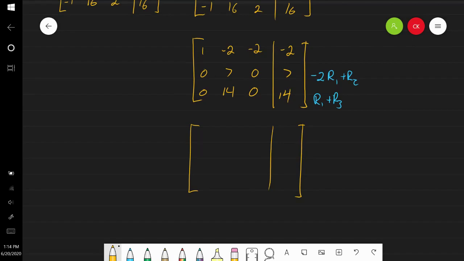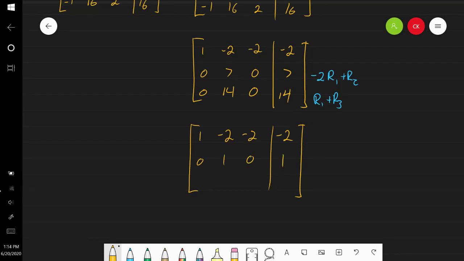So let's go ahead and follow the procedure, which is to now make a 1 in position 2, 2, the next diagonal down. And we can do that by just dividing everything by 7. So rewrite our top row. And now we get a second row that looks like 0, 1, 0, 1.